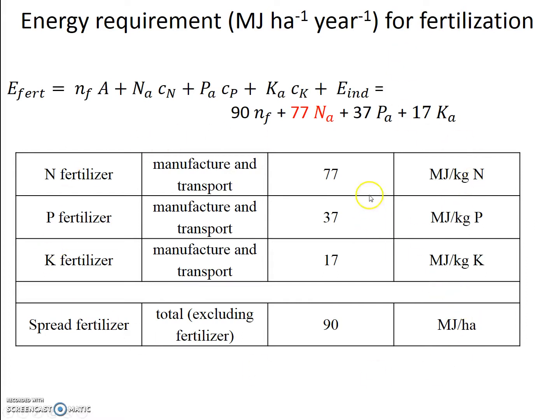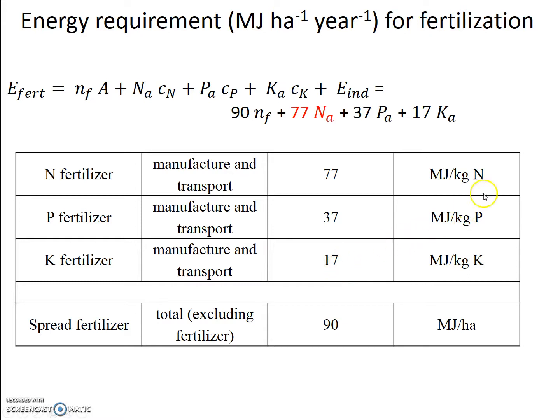In this table, we show the mean coefficients for the equation that we have shown for calculating the energy invested in fertilization. The component related to the number of applications is 90, meaning that we spend on average 90 megajoules per hectare per application of fertilizer, and then we have coefficients of 77 megajoules per kilogram of nitrogen, and that includes manufacture and transport, and only 37 for phosphorus and 17 for potassium.